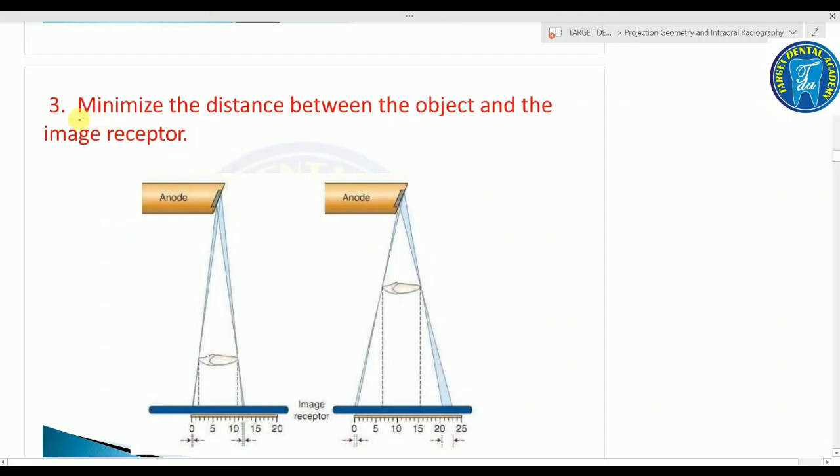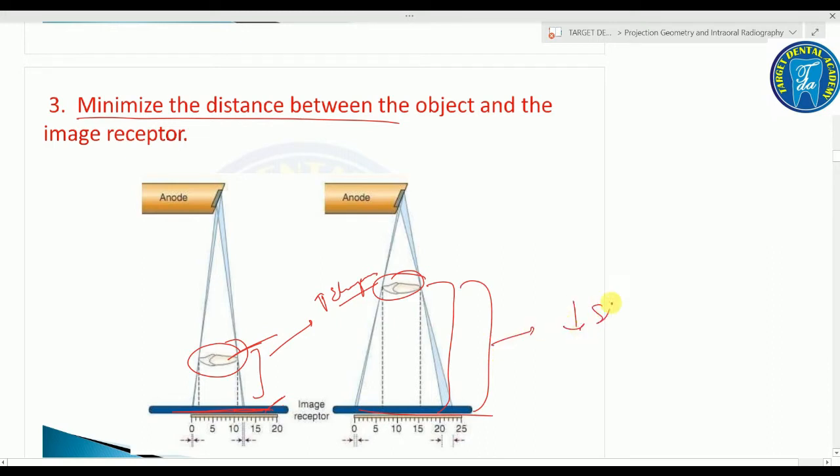And the third one is to minimize the distance between the object and the image receptor. This is the image receptor. By reducing the distance between the object and the image receptor, it leads to an increase in the sharpness. By elongating the distance between the object and the image receptor, there is a decrease in the sharpness. Fine.